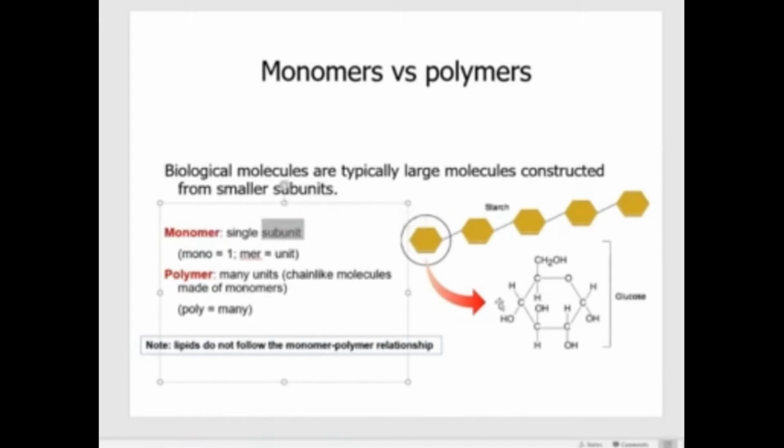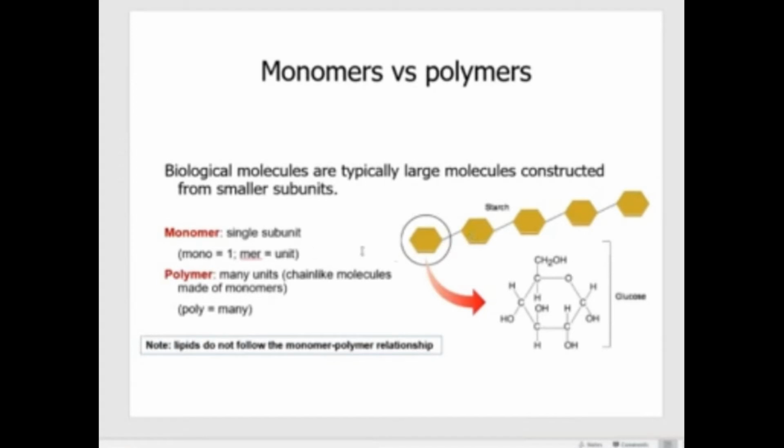So here's a quick example. Starch is a type of carbohydrate. One of my favorite foods contains a lot of starch, and that would be French fries. The starch molecules are actually a lot bigger than this. We're just looking at a very small portion of a starch molecule.